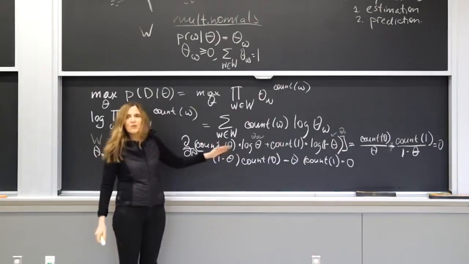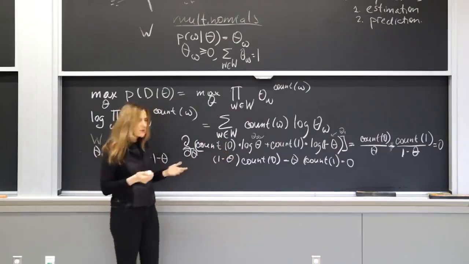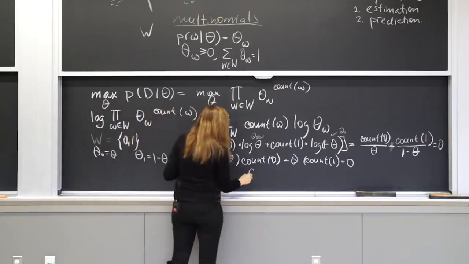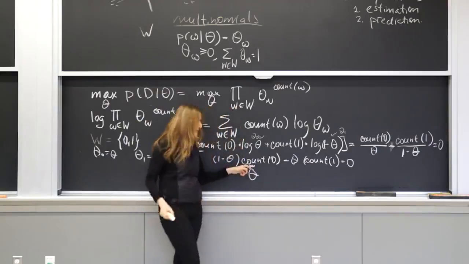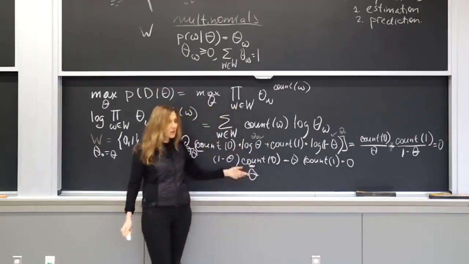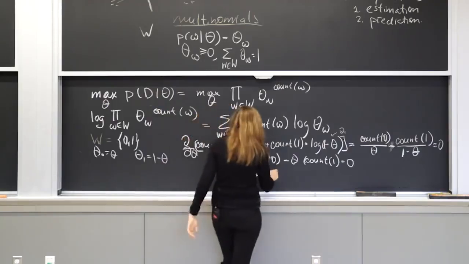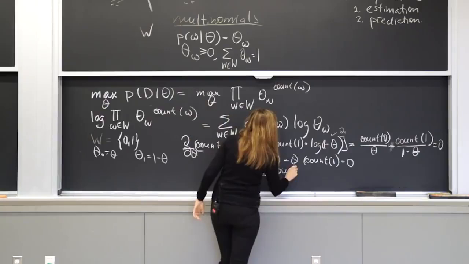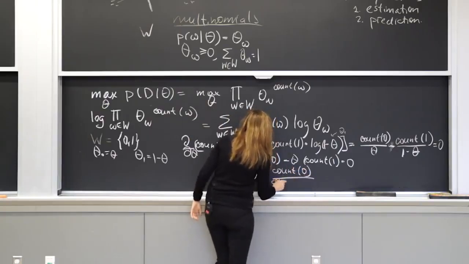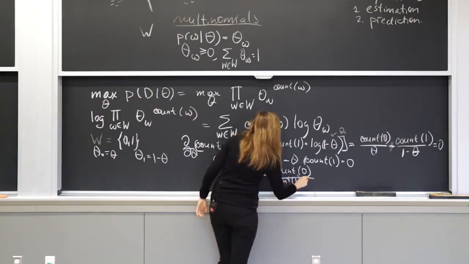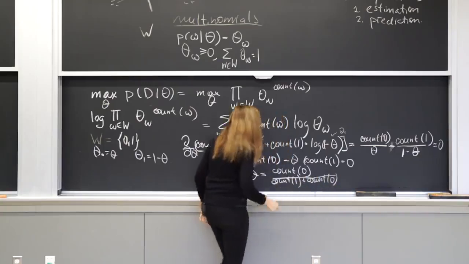So if you go and do the algebra, which is pretty straightforward in this case, you can open parentheses and close parentheses, what you would get here is that the theta that we are looking for, and you see I use this estimated theta special notation, would be actually equal to something that sounds very logical. It's going to be equal to count 0 divided by count 1 plus count 0.